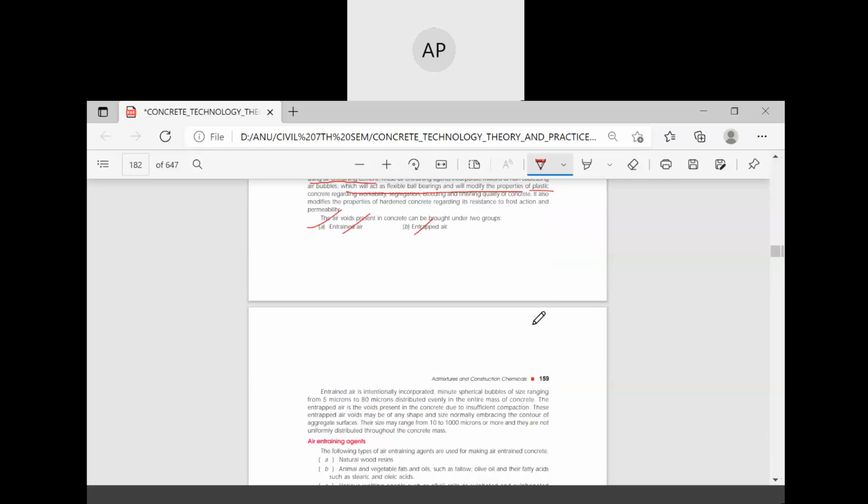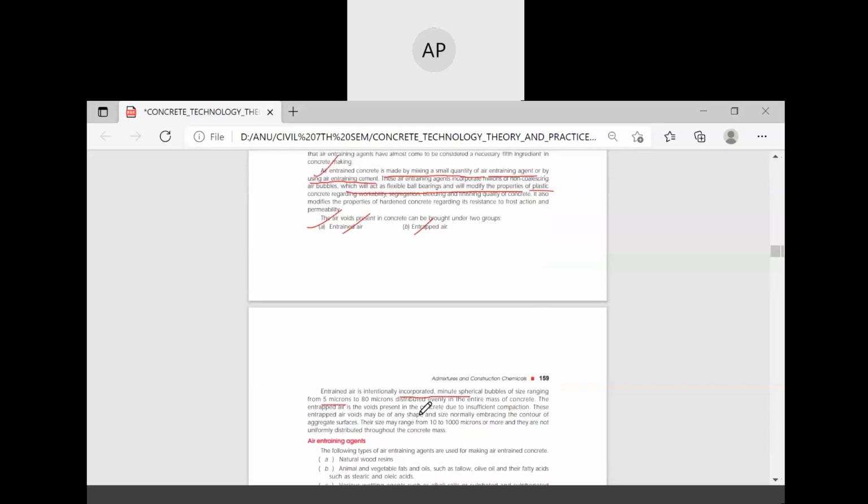Entrained air is intentionally incorporated, minute spherical bubbles of size 5 micron to 80 micron. The entrapped air is the void present in the concrete due to insufficient compaction. This entrapped air may be of any shape and size, normally embracing the contour of the aggregate surface.